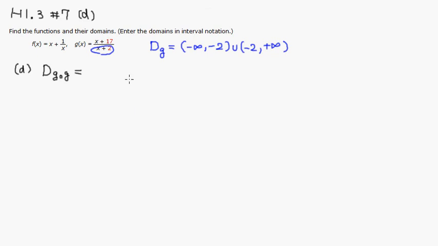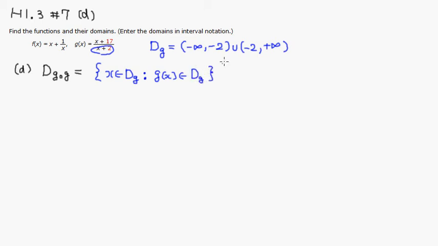So when you look for the domain of g of g, at least x has to be, of course, inside the domain of g, right? But on top of that, since you're plugging g of x into itself, we have to make sure that g of x is also inside the domain of g, the domain of itself.